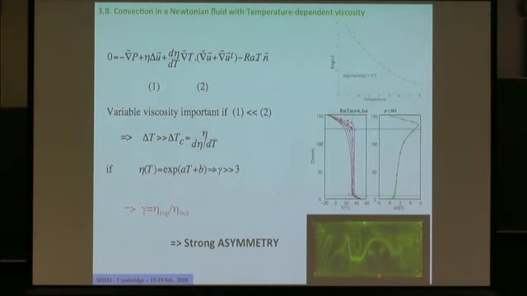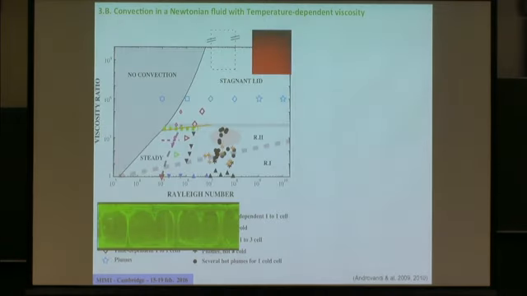You can still have plumes with a head and tail, but now the downwellings are a lot more like fingers or even sheets. There's been a lot of work, both numerically and in the lab, on this type of convection. And as a function of viscosity ratio and Rayleigh number, you can get a regime diagram.